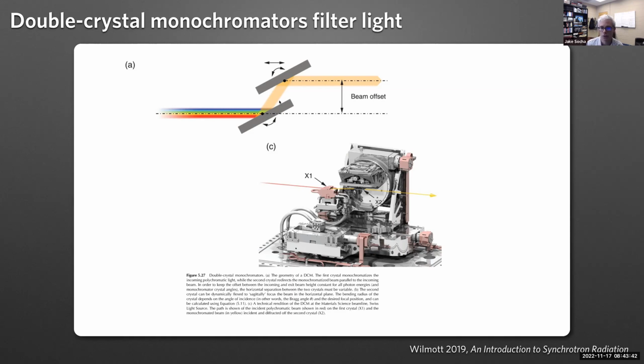The rest of it passes straight through. Then you have a second crystal to get it going back in the same direction. And so now you have monochromatic light. It's not truly one wavelength. It's still a bandwidth of X-rays that passes through, but it's a much smaller bandwidth. And I'll show you why that can be advantageous later.